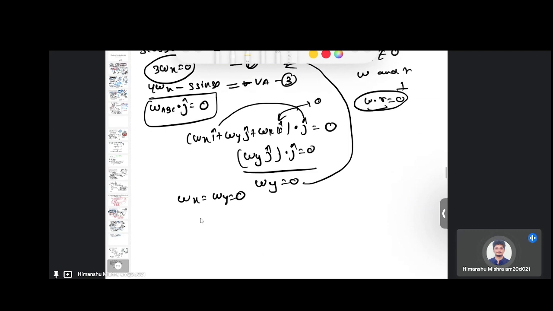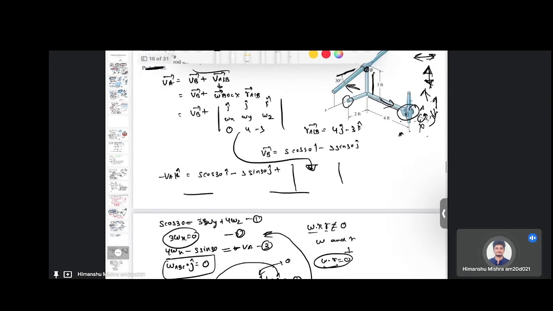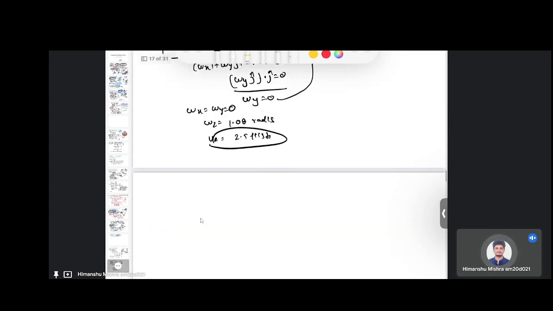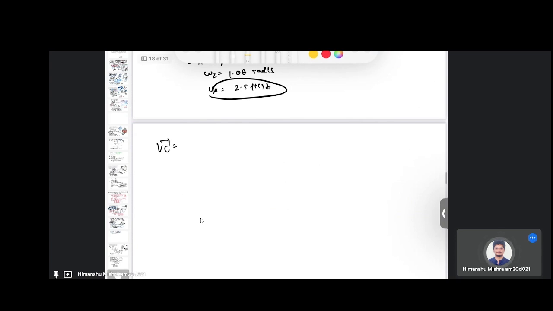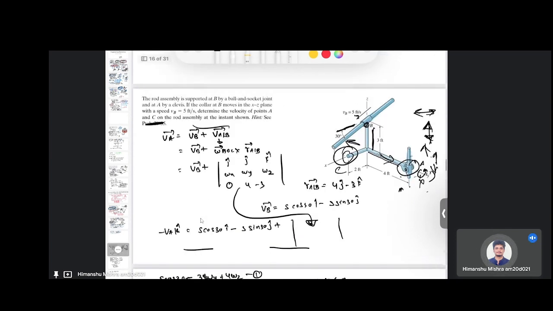Using the above equations, you will get omega z, which is 1.08 rad per second, and VA 2.5 feet per second. So this is our VA. Now we need to find the velocity of point C. Using the same formula, VC equals VB plus omega ABC cross RC with respect to B. Now what is RC with respect to B?